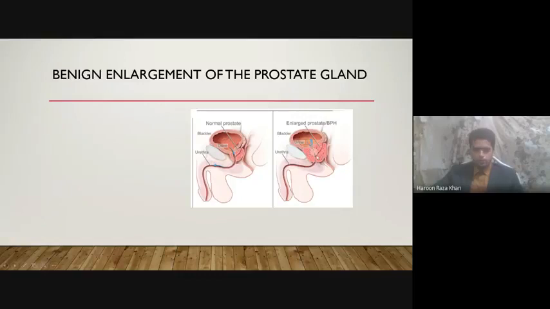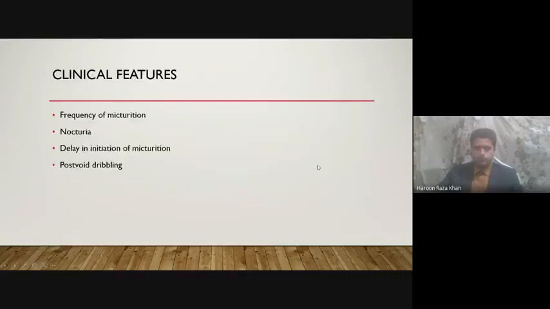such as you can see here. This is the enlargement of the prostate gland, benign prostate hyperplasia. This leads, as you can see here, to compression or narrowing of the areas, or obstruction which can hinder the urine flow. Features are frequent micturition or nocturia.